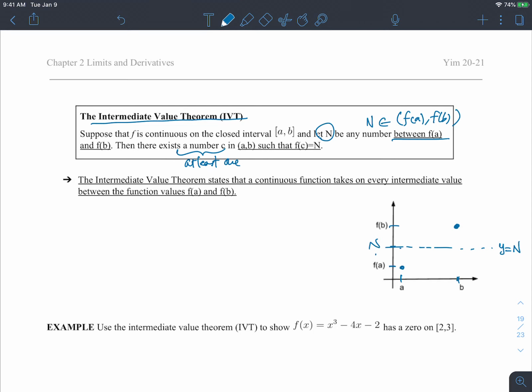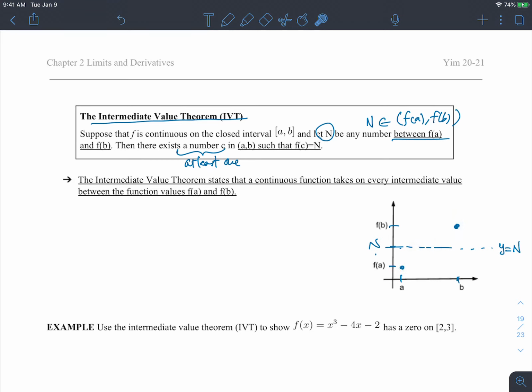As long as the function is continuous from a to b, it could be going straight like this, or doing something like this, or just going up and down, doing something silly like that.